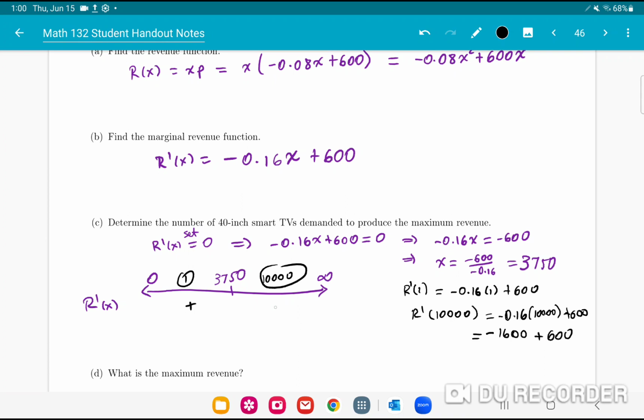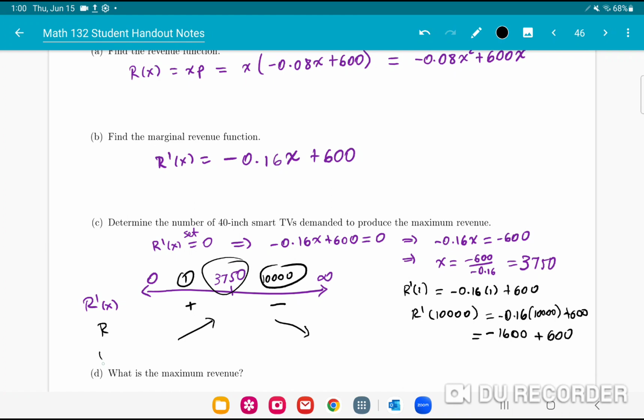This is negative. So r increases and then decreases. We have not only a local max, we have a global max because it's going down all the way to infinity, and there's only one critical value. So this should be an absolute max.